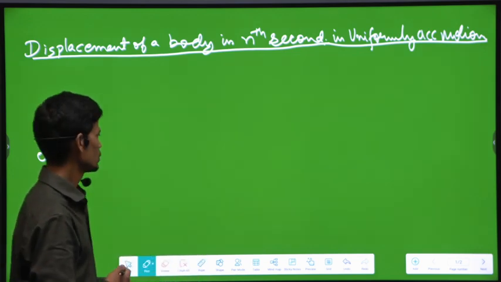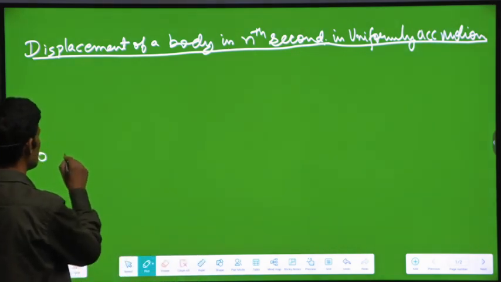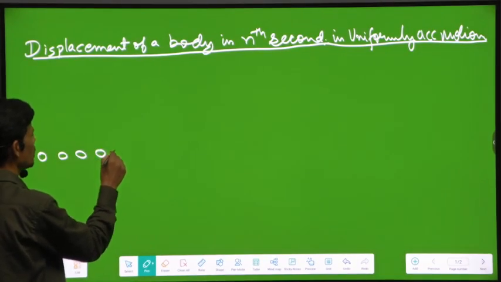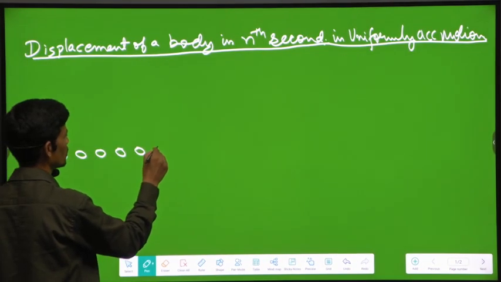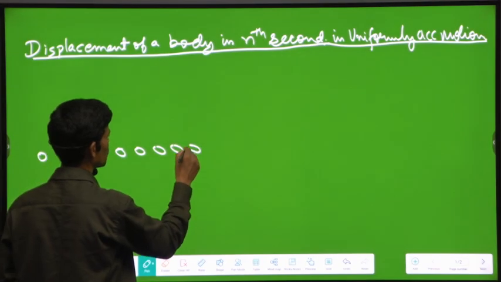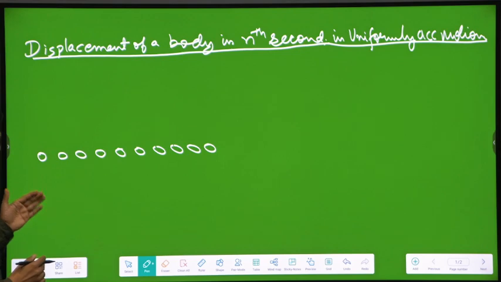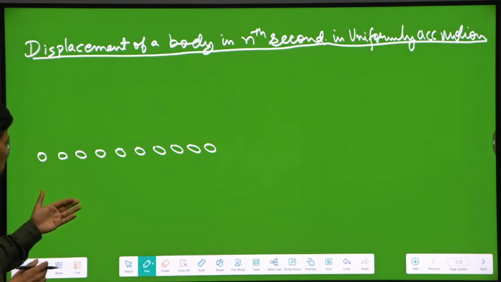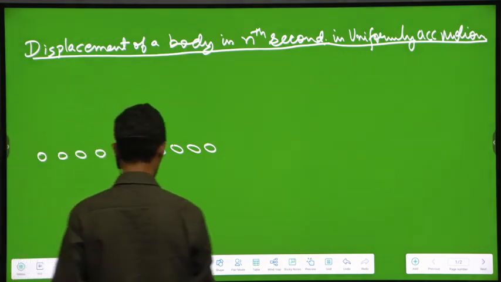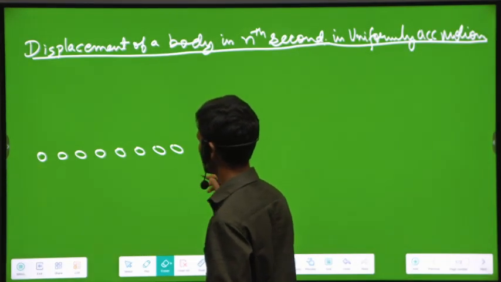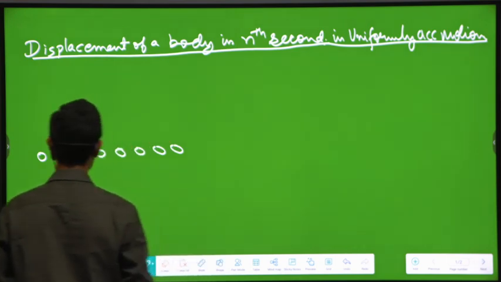So after each second, we can plot its photograph like this. There is some human error, but it is almost at the same separation each time.